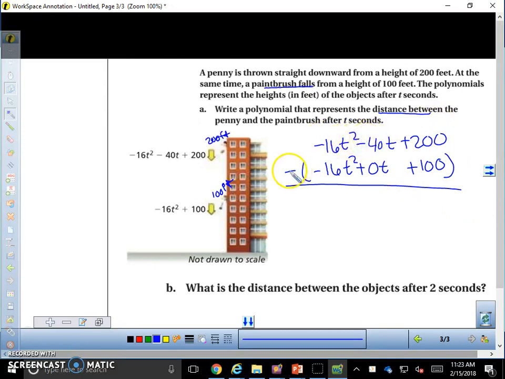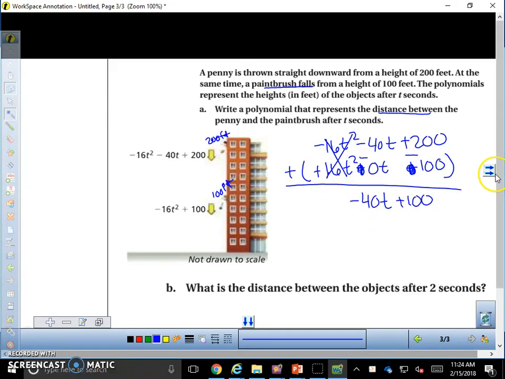Negative 16t. Let's go ahead and flip the signs of everything to keep this in addition because that makes it easier. Now it's going to be easier. Negative 16t squared plus 16t squared is 0. Negative 40t minus nothing is negative 40t. 200 plus negative 100 is 100.